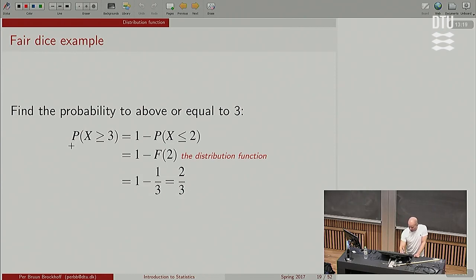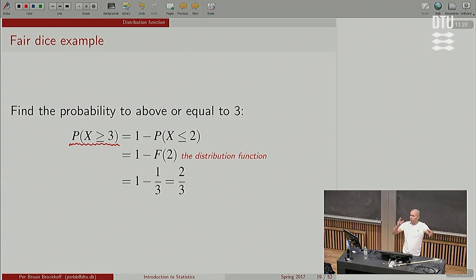And a little technical thing, what if we had a probability challenge like this? Well, that's not the distribution function. If I want the probability to be 3 or above, we can make this complementary probability. Again, I use those basic rules without any statement of the rules. I assume we can all remember those basic rules. Such that that would be the same as taking 1 minus the probability of being less than or equal to 2, right?